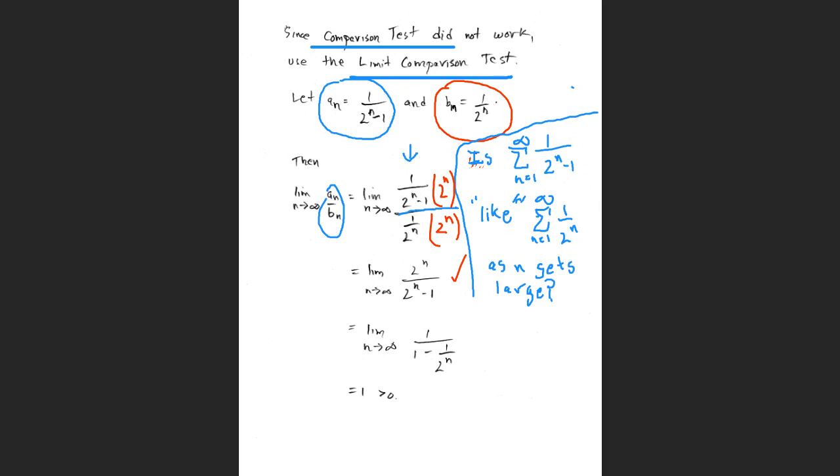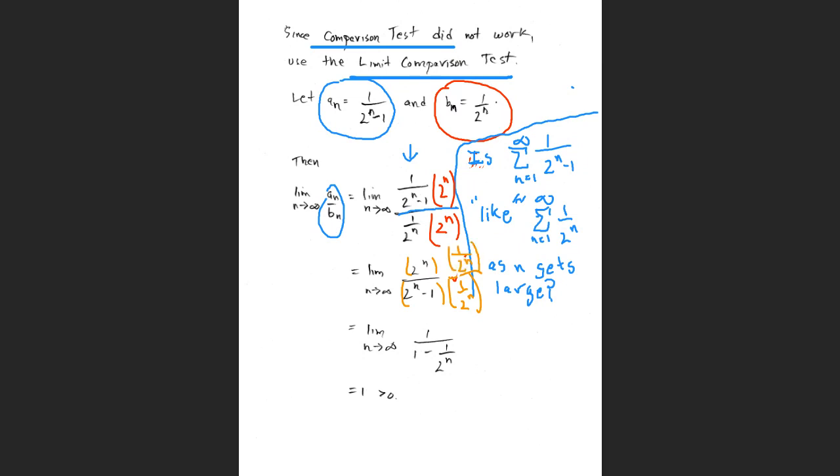But now we can multiply the top and the bottom by 1 over 2 to the n power. We want to determine the limit, so we do a little algebra on it so that we can more easily figure out the limit.